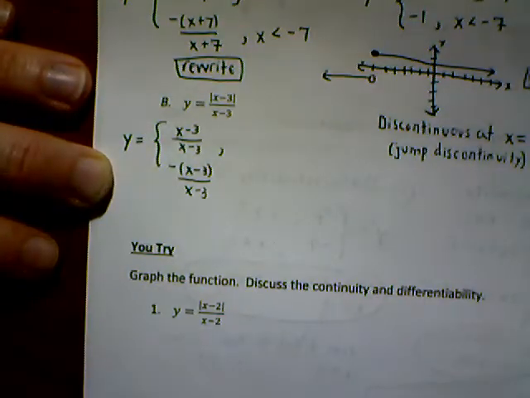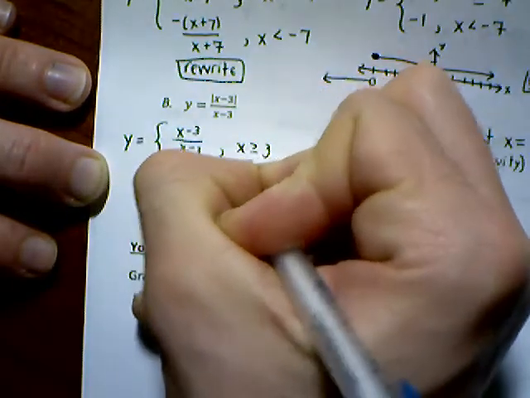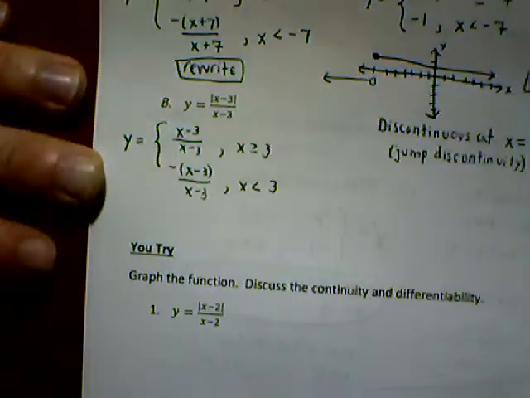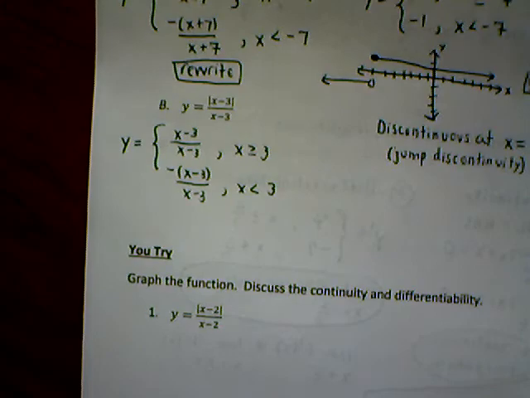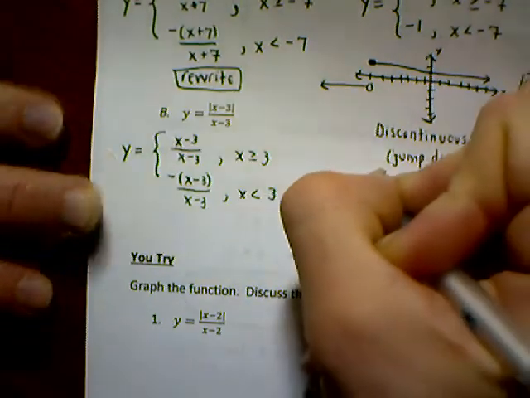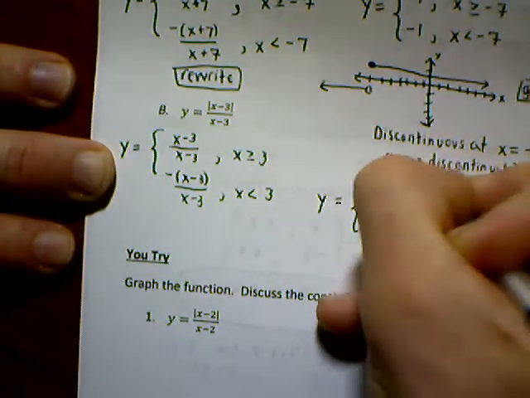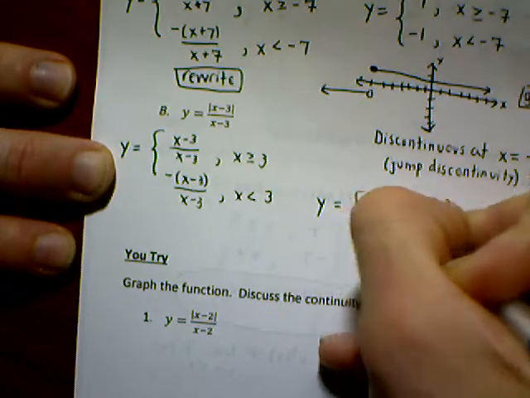The function rule changes at 3. From here, I'll just simplify. So I'm going to have y equals 1 or -1. 1 when x is greater than or equal to 3, and -1 when x is less than 3.